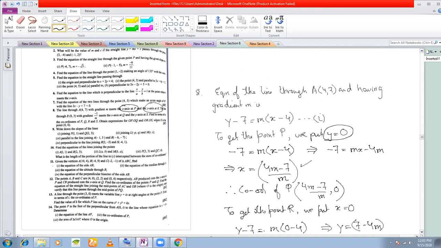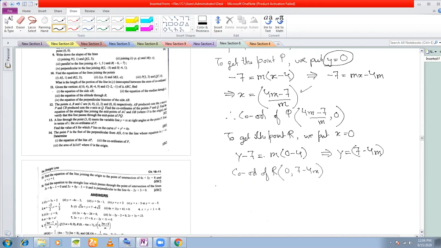Next statement is the line through B(8,3) with gradient -1 by m meets the x-axis at Q and y-axis at S. So the equation of the line through B(8,3) and gradient minus 1 by m is y minus y1 is equal to minus 1 by m times (x minus 8).